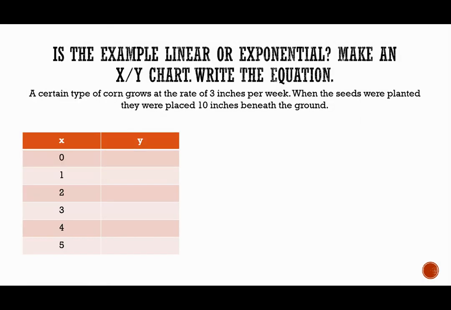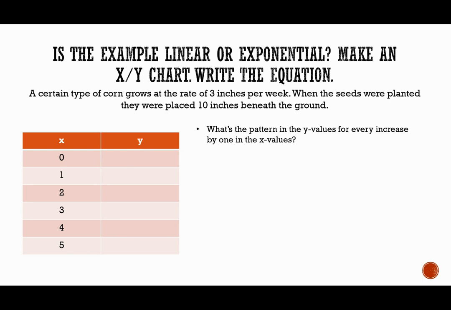All right, let's look at a couple more examples, and then we'll call it quits for today. So I've got a certain type of corn that grows at a rate of 3 inches per week. When the seeds were planted, they were placed 10 inches beneath the ground. So they dug a hole 10 inches deep, and I put the seeds into that hole.